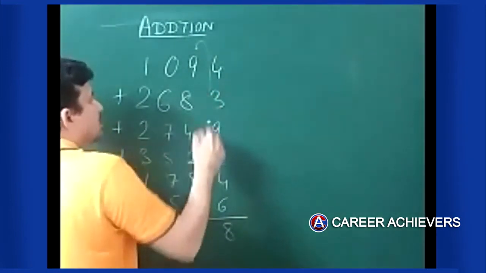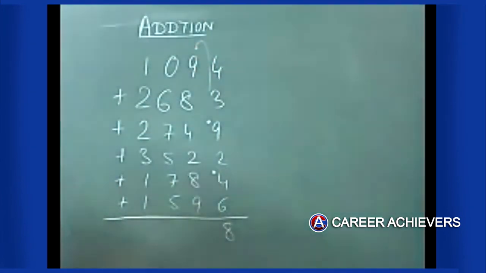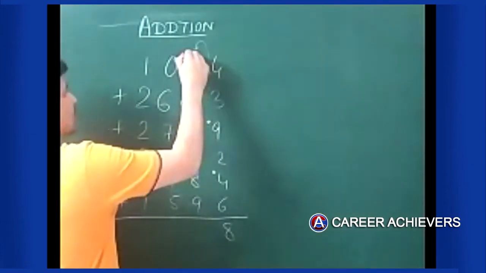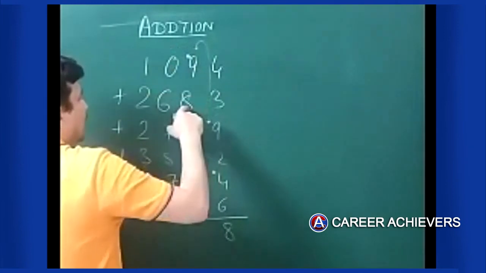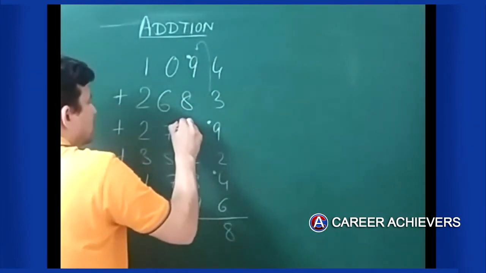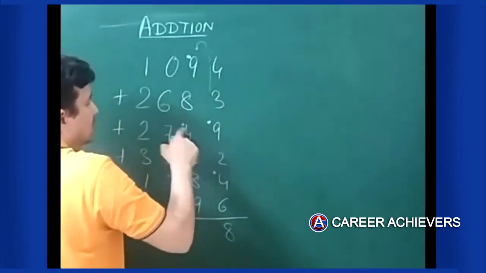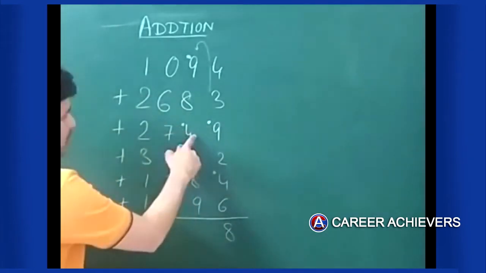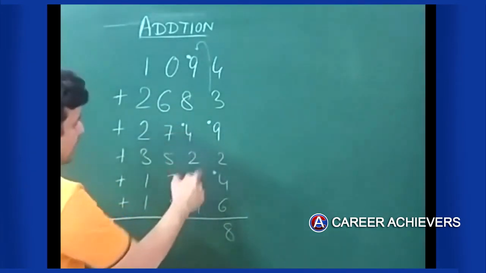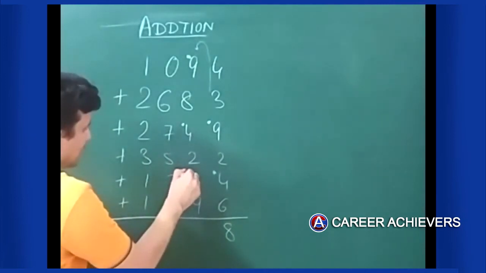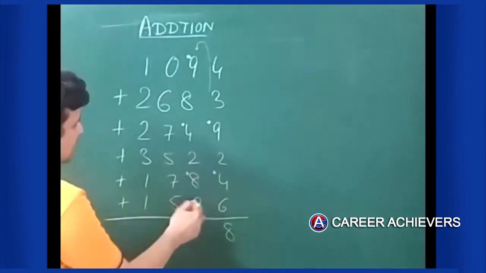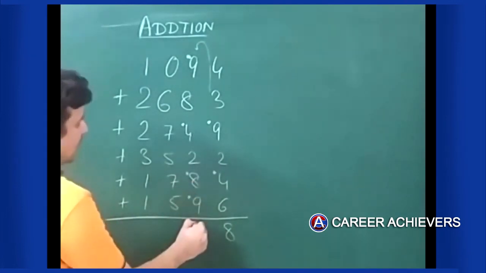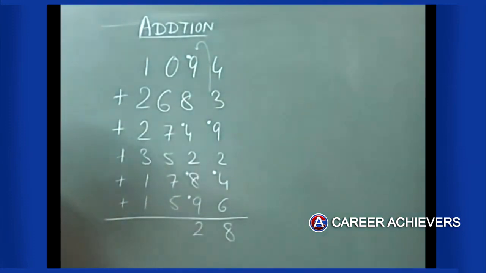Here there are 2 dots, so I will begin with 2, right? So 2 plus 9, 11, so I put a dot over here in the first step itself. 1, 1 plus 8, 9, 9 plus 4, 13. So I put a dot over here and I proceed with 3, 3 plus 2, 5, 5 plus 8, again 13, so a dot, and I will proceed with 3. 3 plus 9, 12. Again a dot and 2.